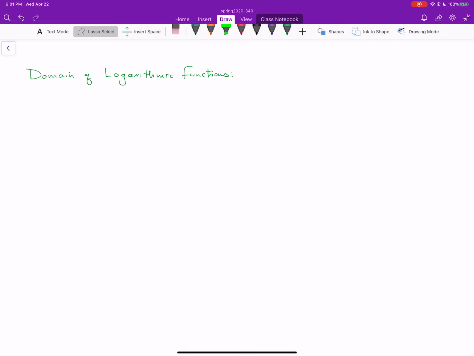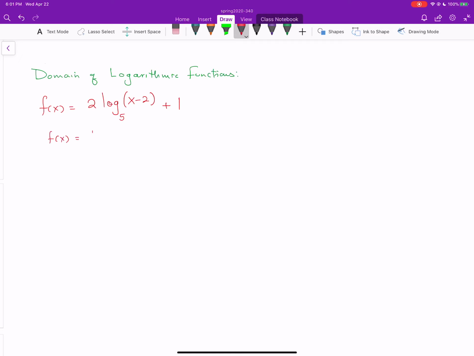So say I have this function here, f of x is equal to 2 log 5 of (x minus 2) plus 1. Well, clearly my base function is log 5 of x.